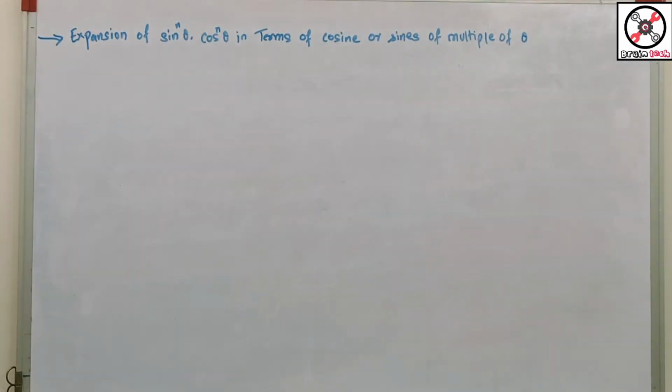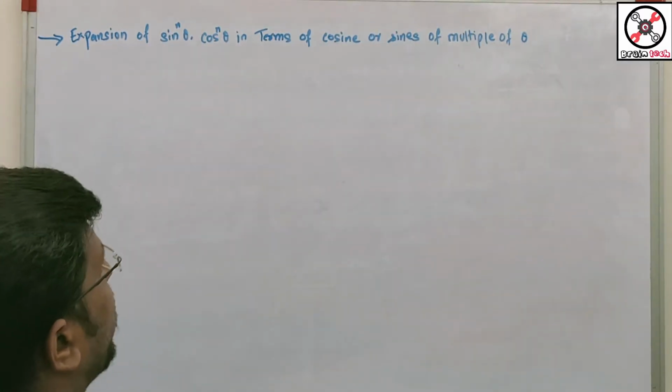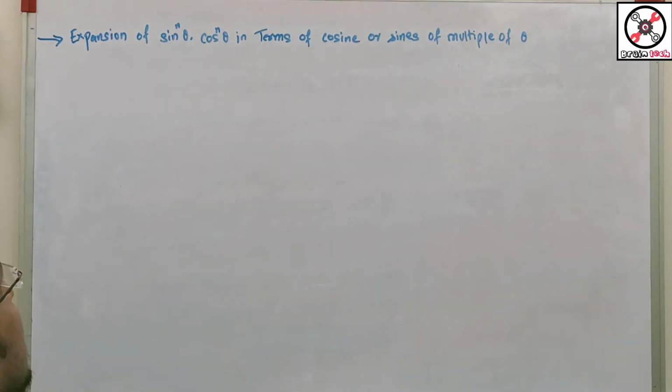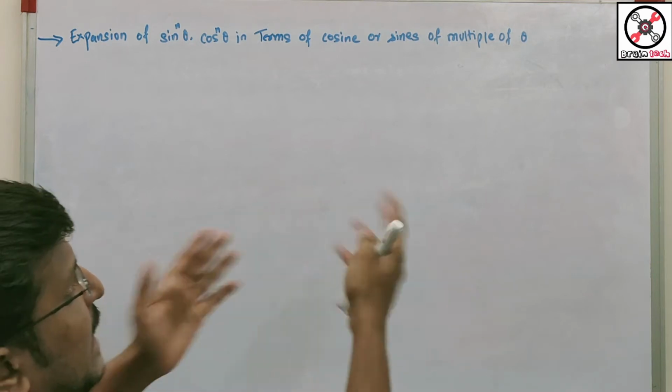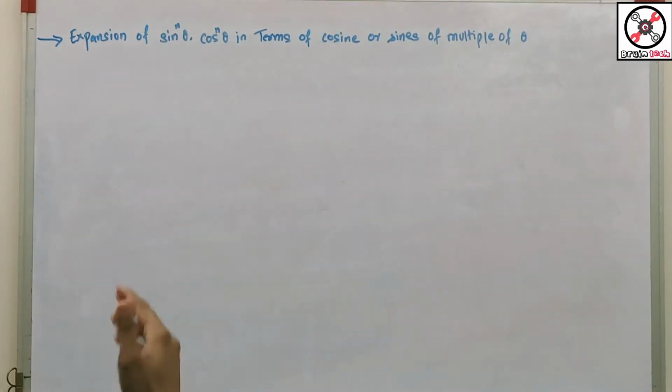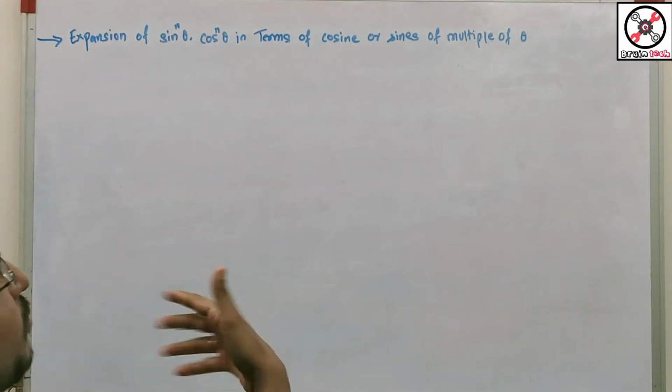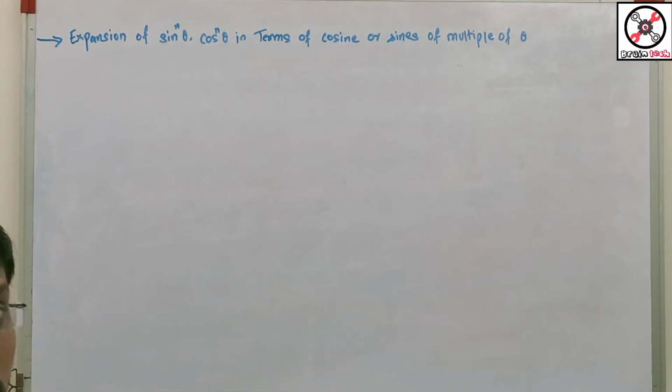Now, what are sine raised to n theta and cos raised to n theta? It means that if sine raised to 5 theta is given, we will find it in terms of sines of multiples of theta, or if it is cos raised to something, then we'll find it in terms of cosines of multiples of theta.